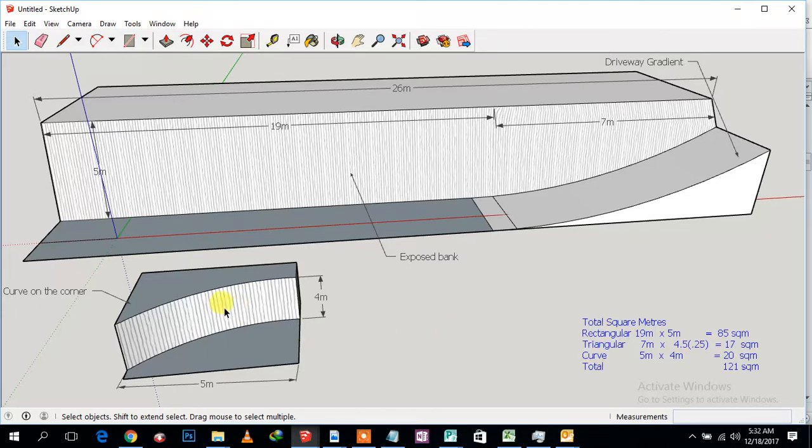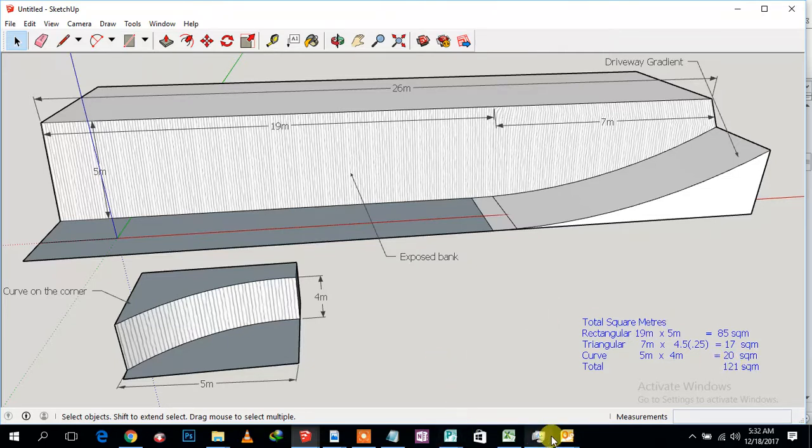And then we have this caveat on the house, behind the new garage, the area that has the tree with exposed roots. There is also a section of about 20 square meters. So all in all, we get about 121 to 125 square meters.